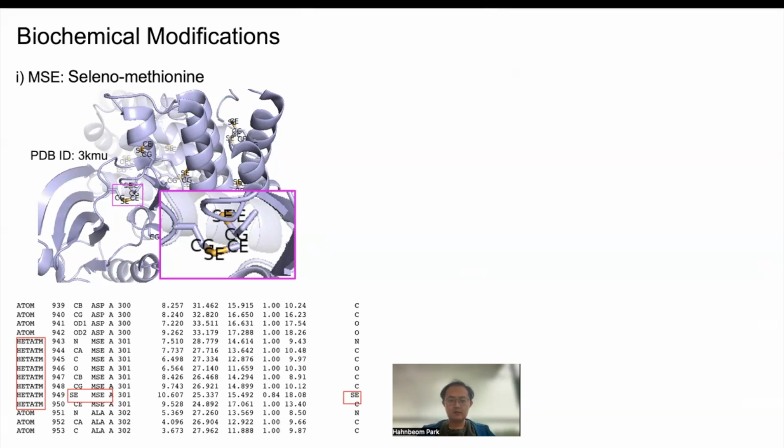And we learned that the selenium mutation isn't actually influencing much of the original methionine-based protein structure. But you can easily identify from your PDB if it contains the amino acid name MSE, something very similar to methionine but having selenium instead of sulfur.